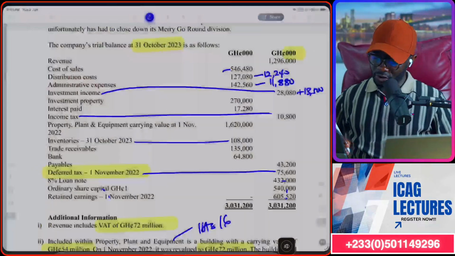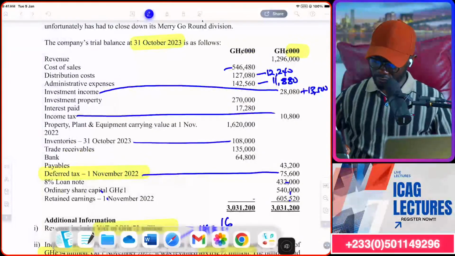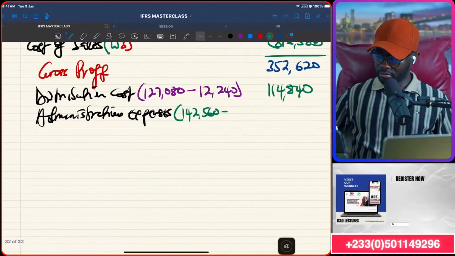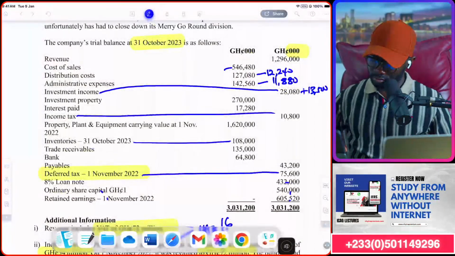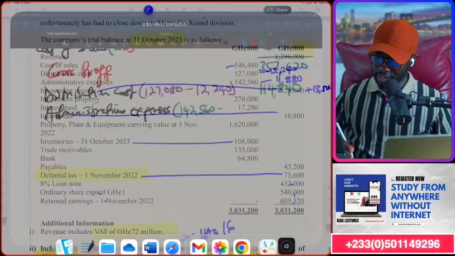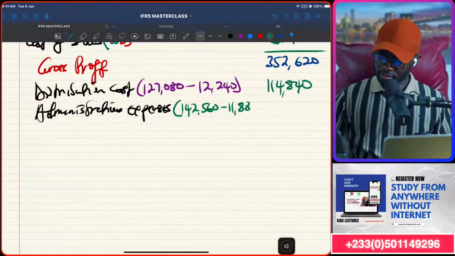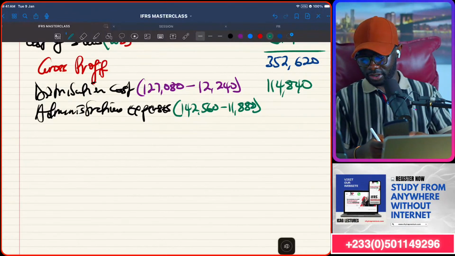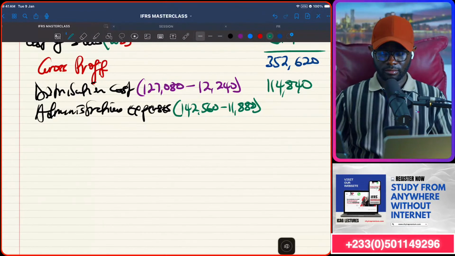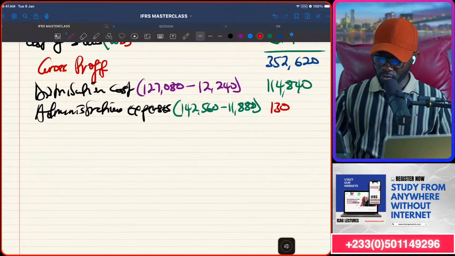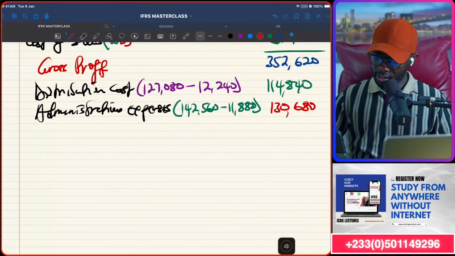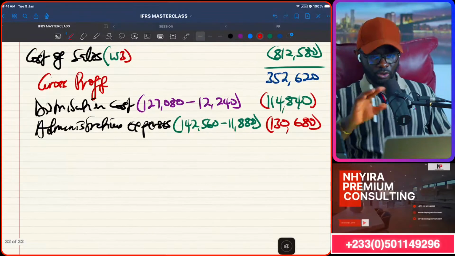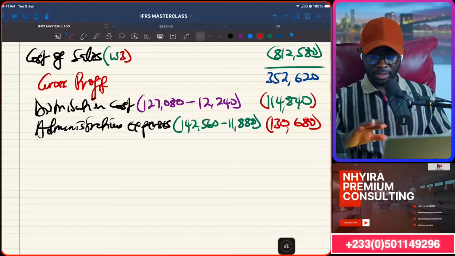We do the same for admin, 142,560 minus 11,880. 142,560 minus 11,880. And that is 130,680. Okay, so we deduct these.